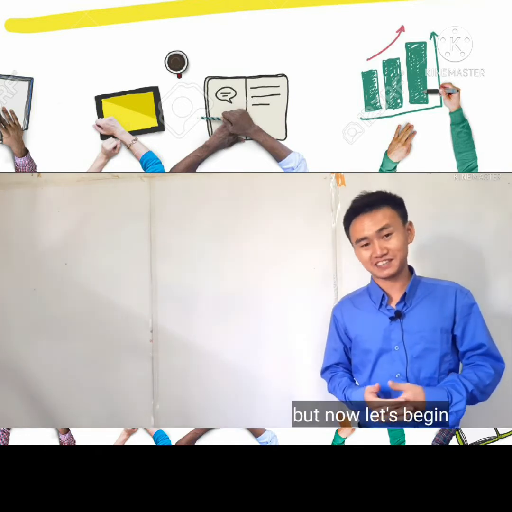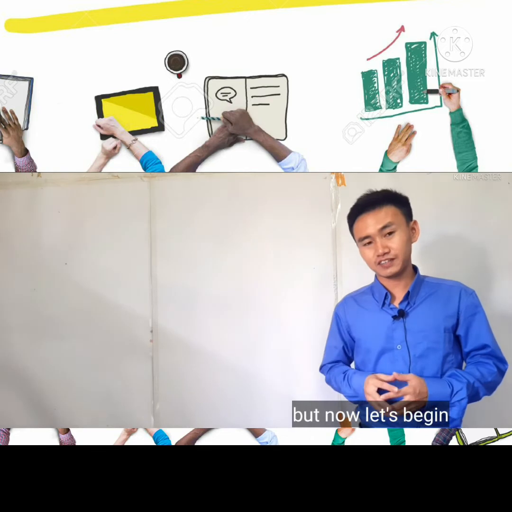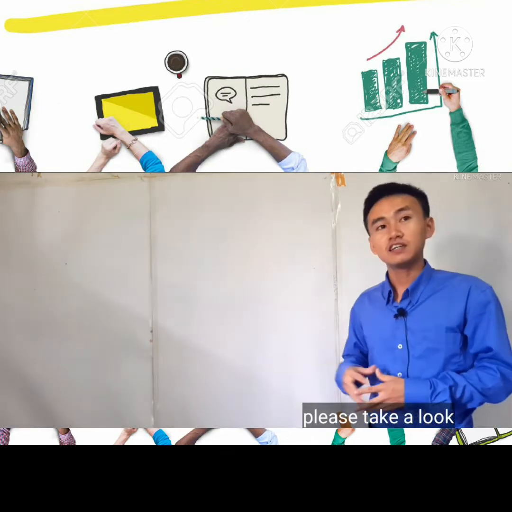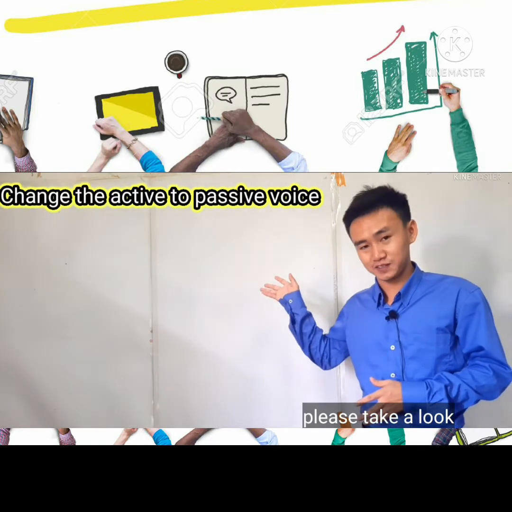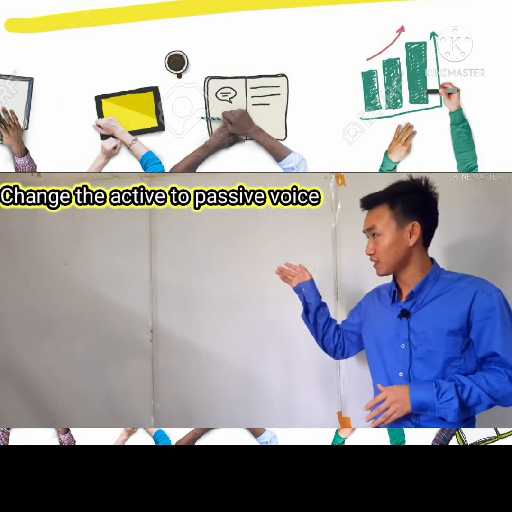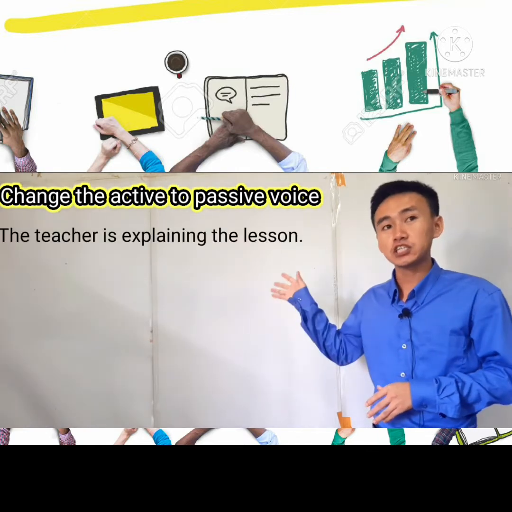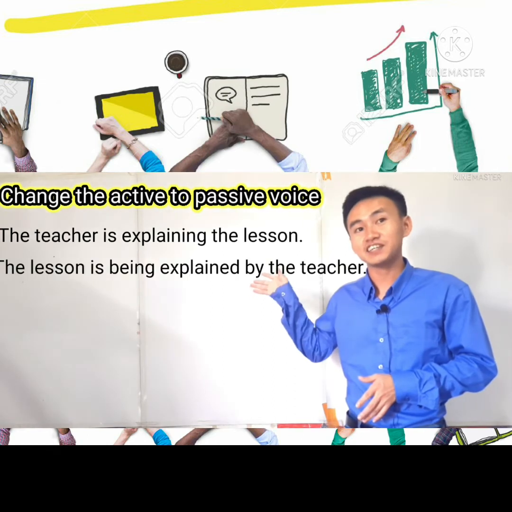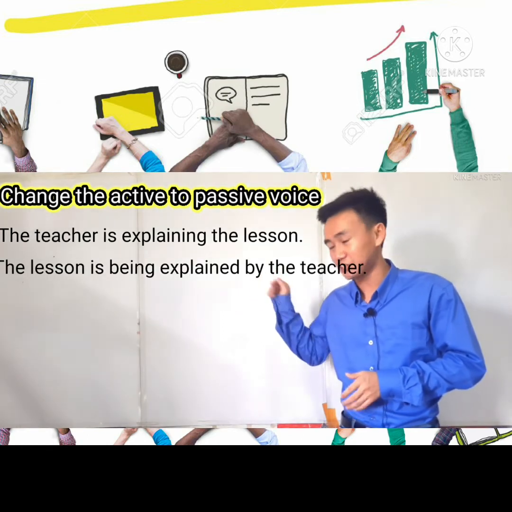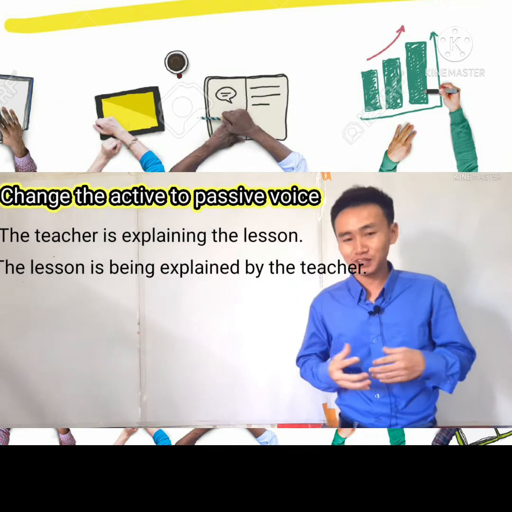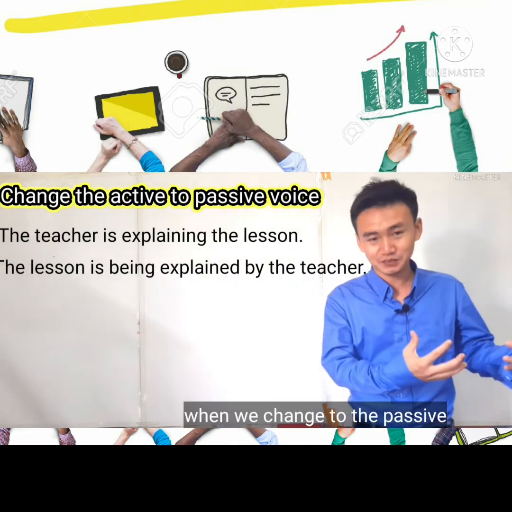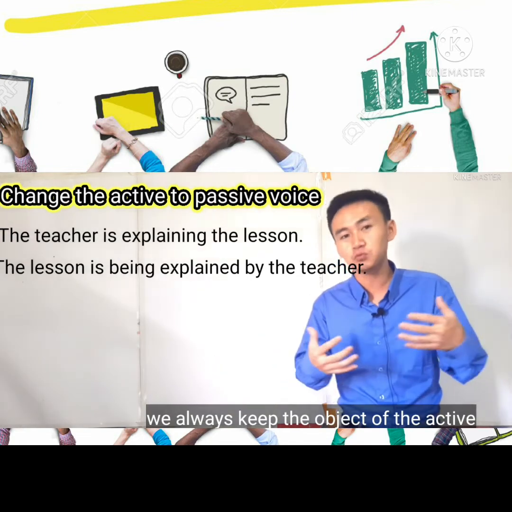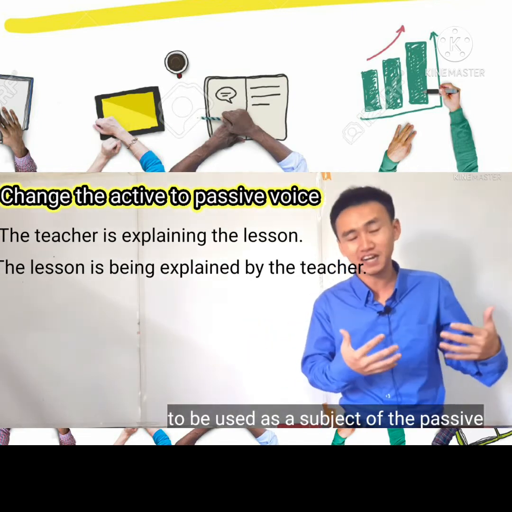Now, let's begin. The first one here, I'll give you an example. Please take a look. Change the active to passive voice. Example. The teacher is explaining the lesson. The lesson is being explained by the teacher. When we change to the passive, we always keep the object of the active to be used as the subject of the passive.